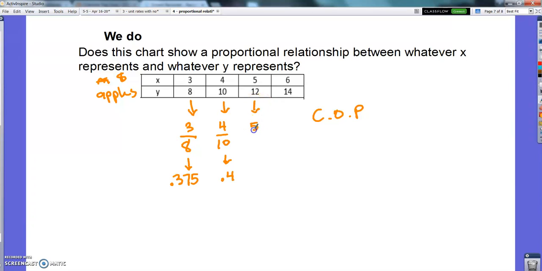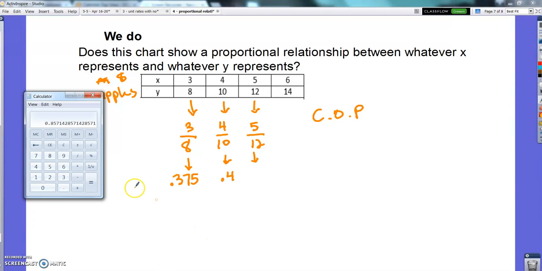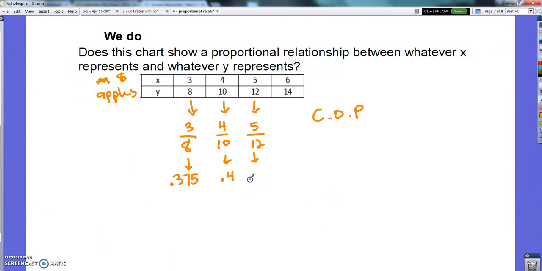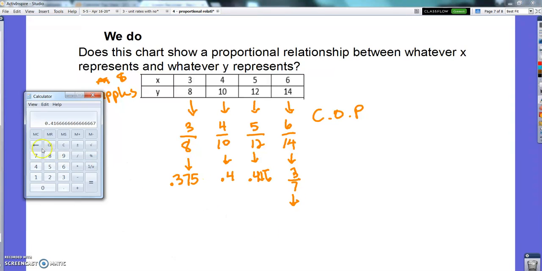This is a ratio of 5 to 12. I do not know that by heart. 5 to 12 is 0.416 repeating. Only the 6 is repeating. And this is 6 to 14, which is 3 to 7, which is, doesn't really matter because I can already tell that this is not proportional. About 0.4285.